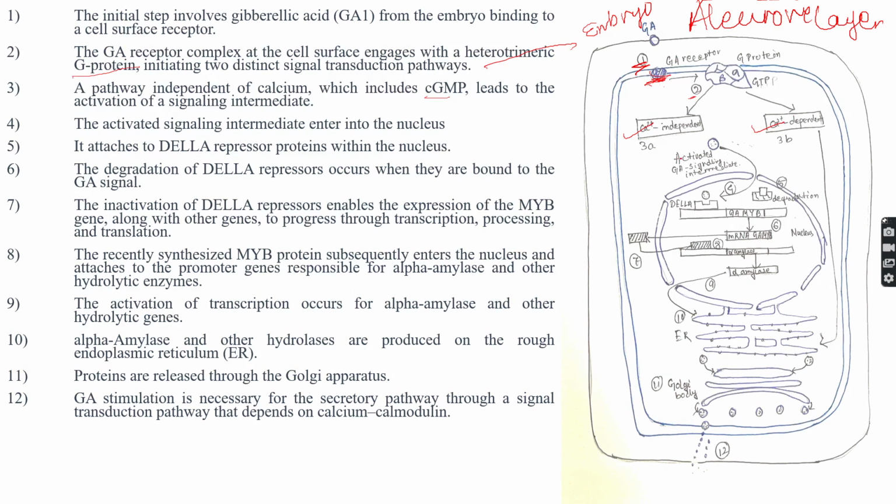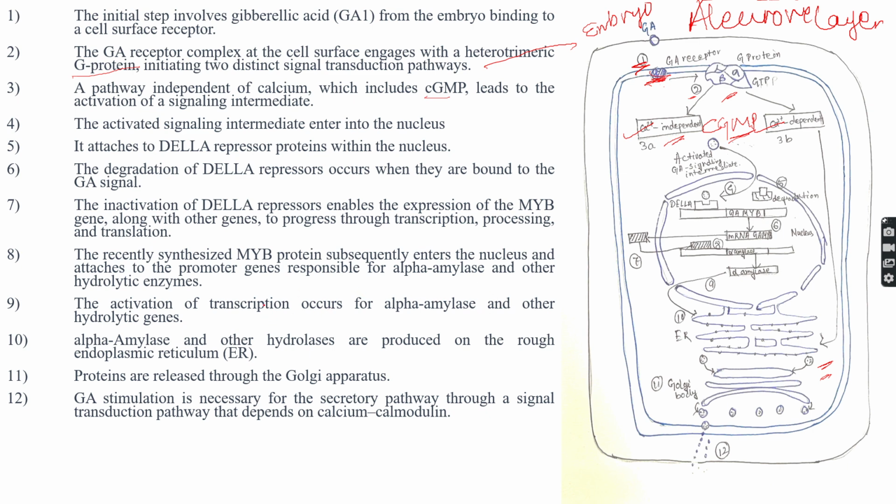The calcium independent pathway will basically involve the signaling molecules, and the calcium dependent pathway will involve the secretion of the alpha amylase enzymes. So both have an important role. Let's understand first the calcium independent pathway, which is getting activated with the help of the cGMP coming from this G protein.